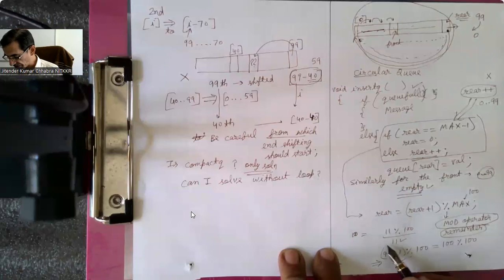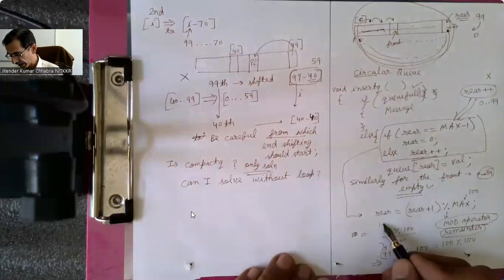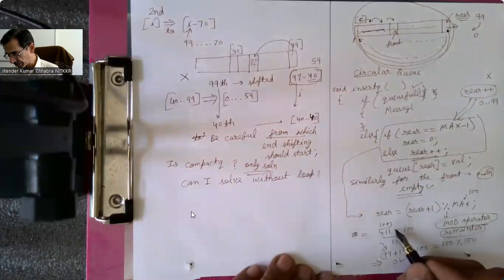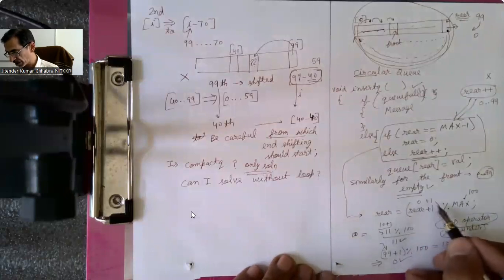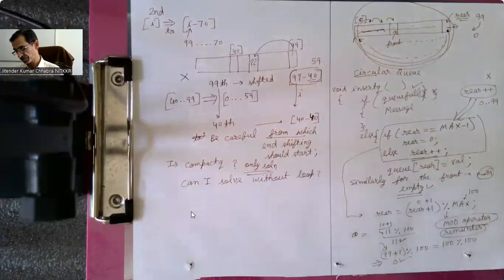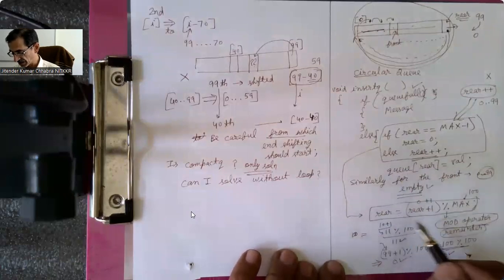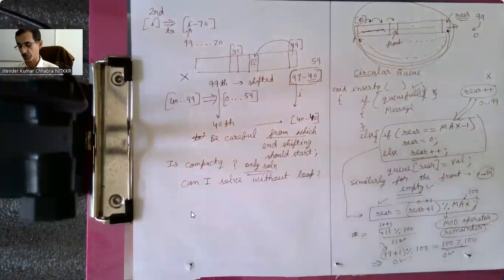So for all other values except rear being 99, the remainder will be the incremented value directly, and that will be directly stored. Even if it was 0, 0 plus 1, 1 percentage 100, still 1. 10 plus 1, 20 plus 1, 90 plus 1, 95 plus 1, all okay. 99 plus 1, this remainder becoming 0. So this whole statement can be simply written like this, and similarly for the front also.